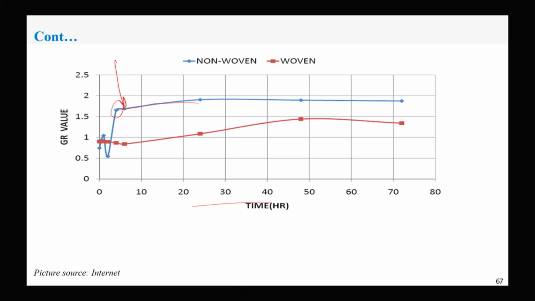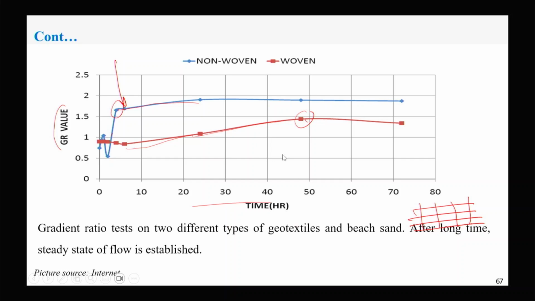But for the woven fabric, the stable structure takes a little bit of time because of the uniform pore structure in the woven fabric. That's why the stable equilibrium takes a little bit of time. So that means piping takes place through this time.